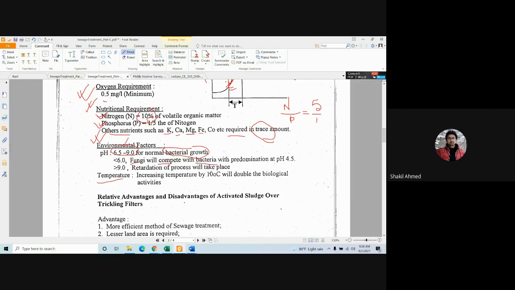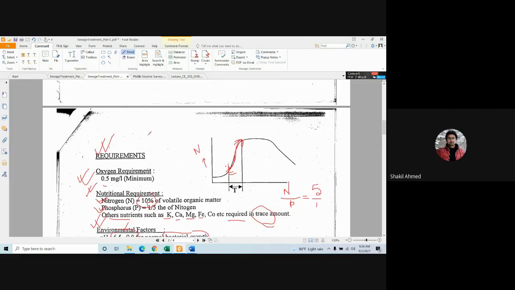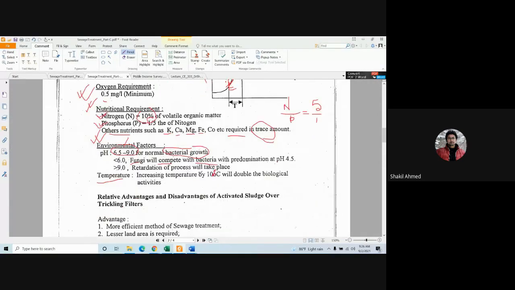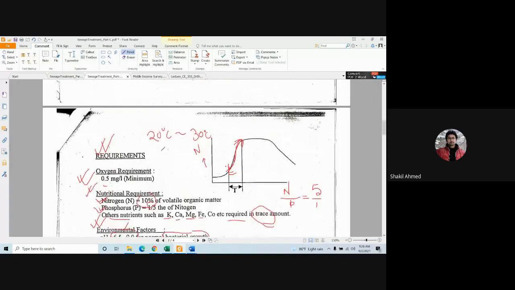Increasing temperature by 10 degrees Celsius will double the biological activities. If your temperature is 20 degrees Celsius and you increase it to 30 degrees Celsius, an increase by 10 degrees Celsius, then your efficiency will be doubled, 2 times.